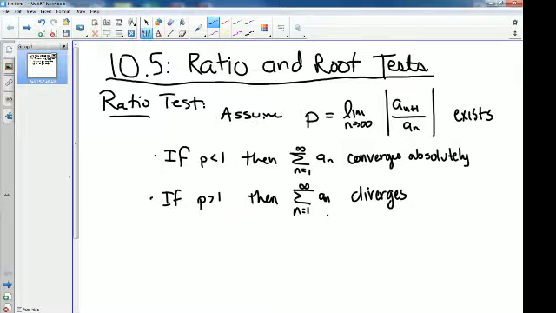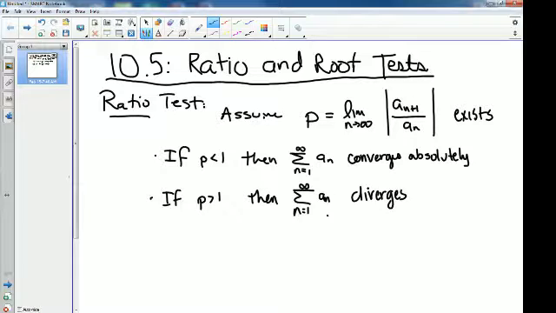The only time we worry about convergence, absolute convergence, or conditional convergence is when it converges. But think about this: P is greater than 1, so the top is bigger, which means each successive term is getting bigger. The series is going up.